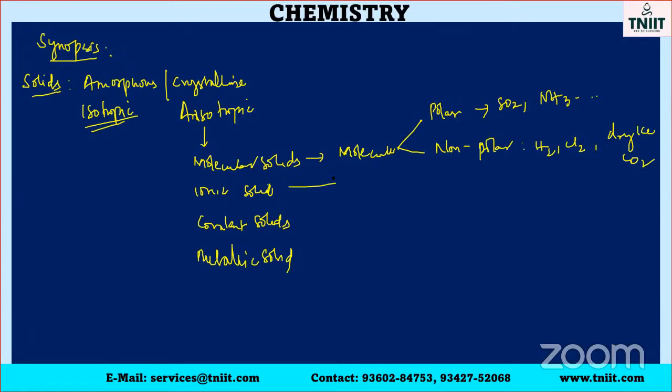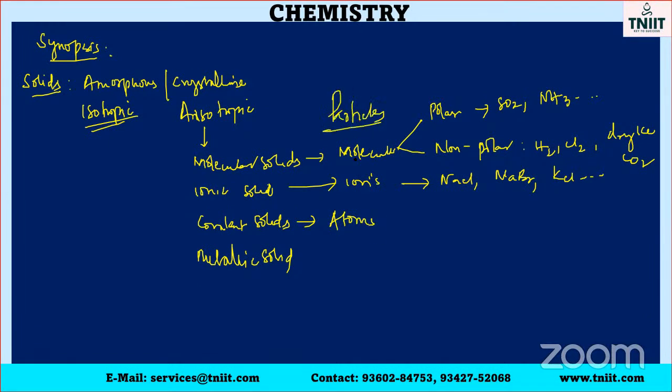Now, ionic solids, we know that the particles are ions here, and they are held together by ionic bond or an electrostatic force of attraction. Examples are NaCl, NaBr, KCl, KBr, and so on. So many examples can be given for ionic solids. In case of covalent solid, the particles are atoms.